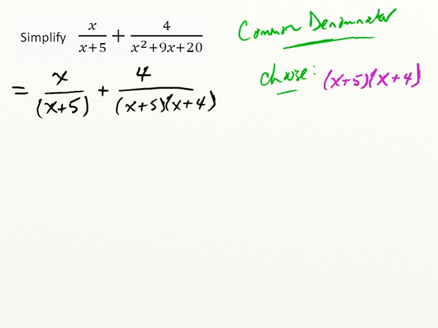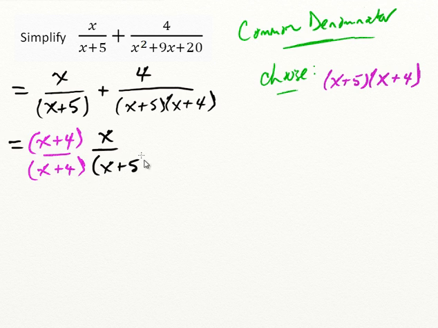Well, that means that the next line I write, I could just say, all right, take x plus 4 over x plus 4, and we're going to multiply that into that first fraction. So over x and x plus 5.